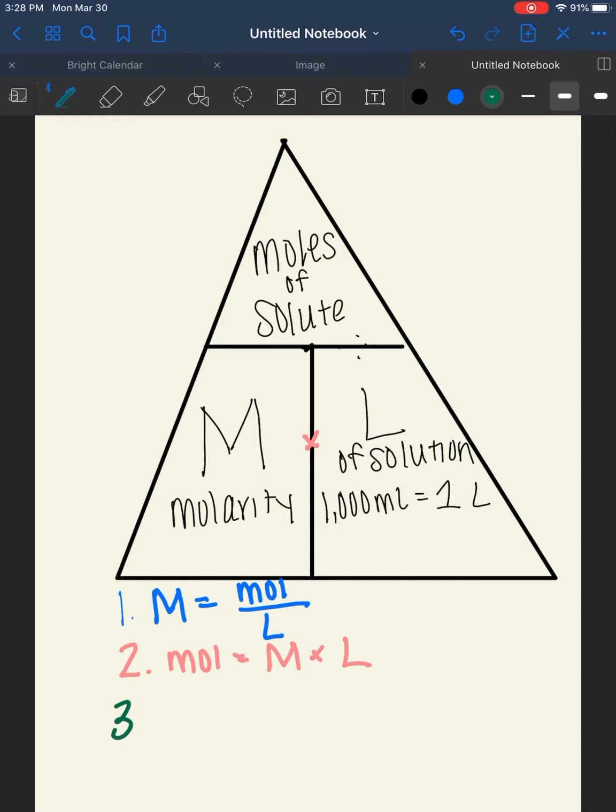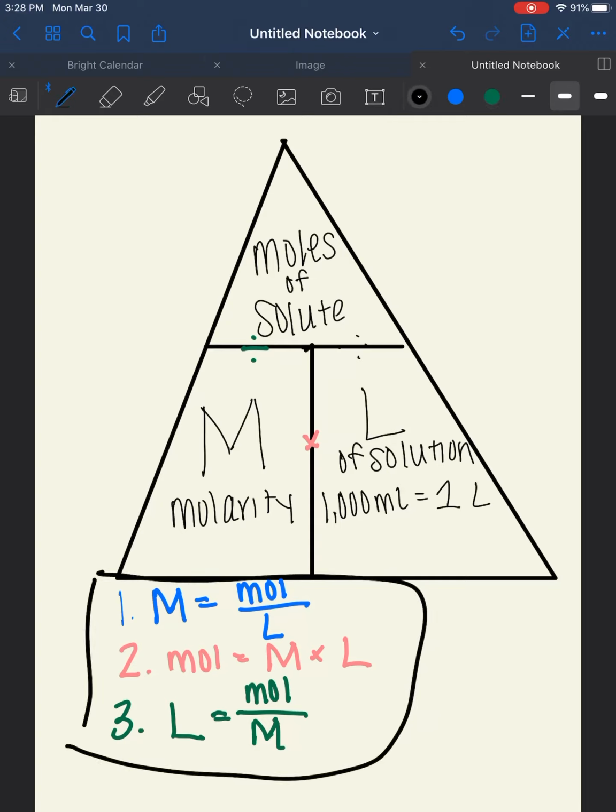And my third equation, if I want to find my volume, my liters, is equal to moles divided by my molarity. Okay, so those are the 3 equations that you may be needing for the assignments.